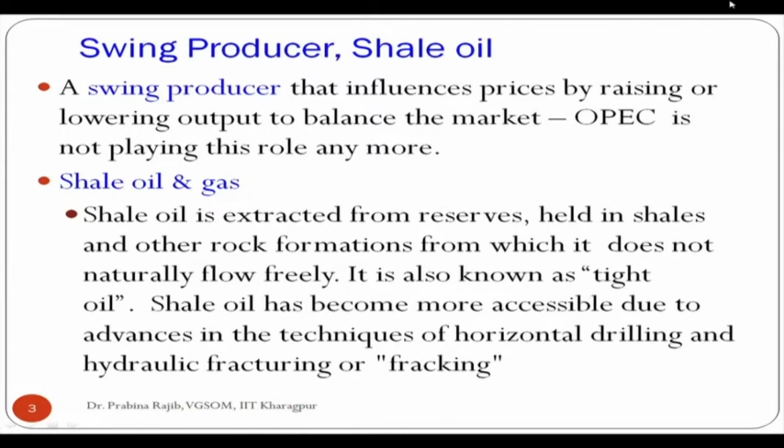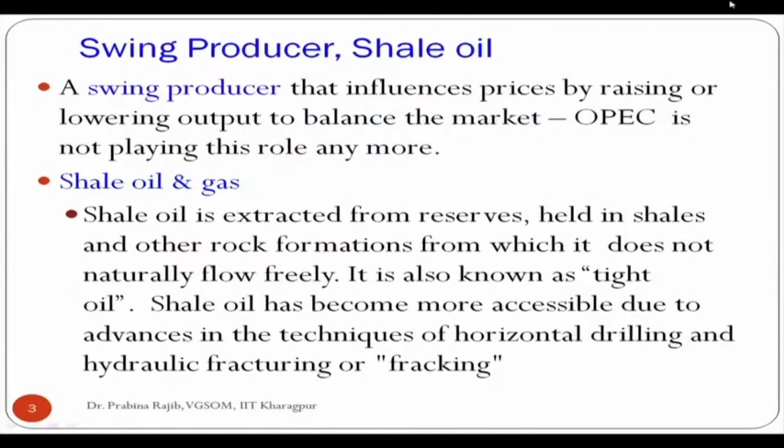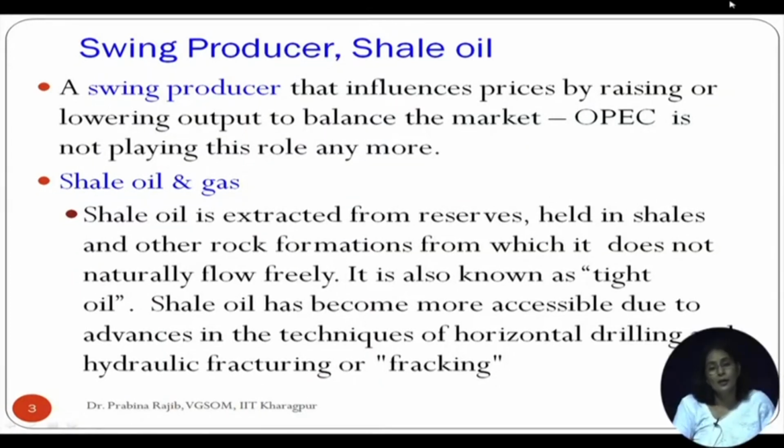In fact, it officially announced that it is going to maintain the amount of crude oil they were producing in earlier years. Now let's go to what prompted OPEC members to abandon their role as a swing producer.